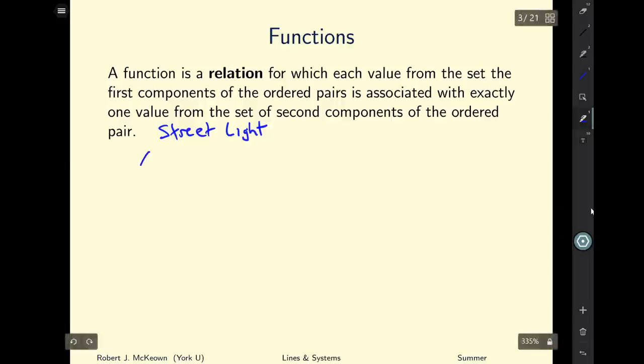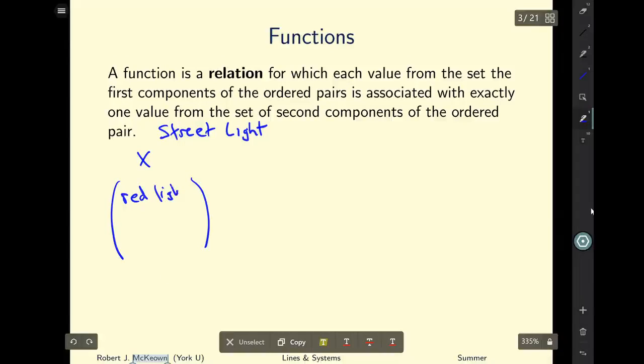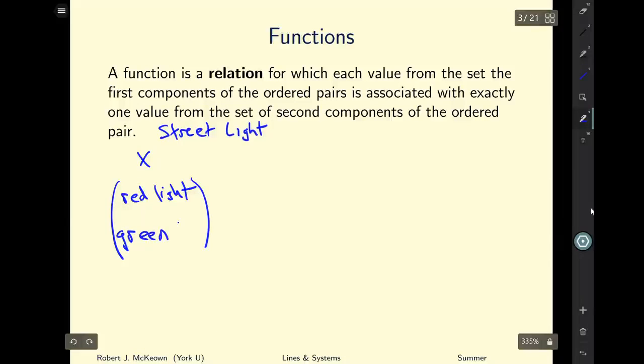We could have an x variable, which is the street light. It can be red, or it can be a green light. There's a function that transforms observing that light into an outcome, which is stop your car for the red light, and if it's a green light, it's go.